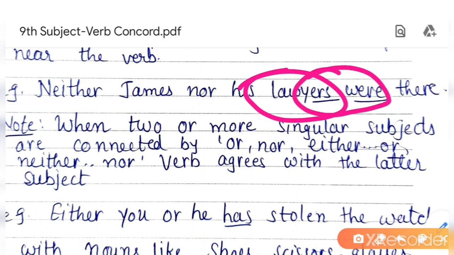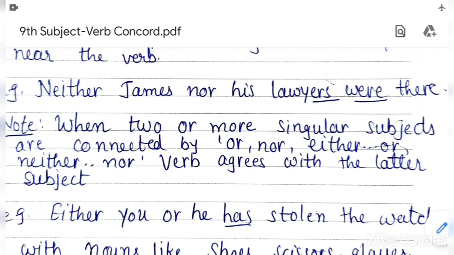If you make the sentence "neither his lawyers nor James were there," it will be wrong. You have to place his lawyers near were. So: neither James nor his lawyers were there. Understood?